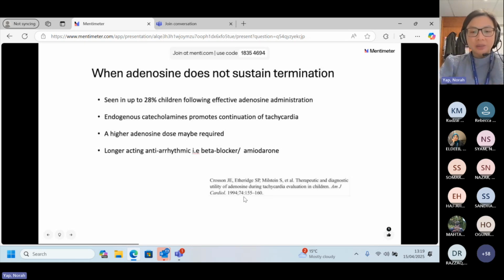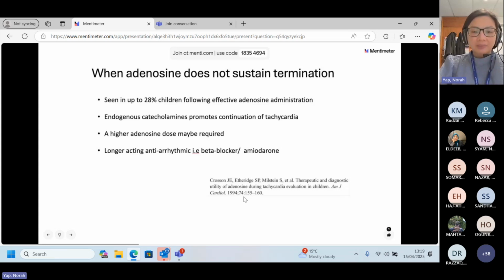And if it still doesn't work, you've gone up to the maximum dose, like in a 2 weeks old. Anybody less than a month old, the maximum dose will be 300 microgram per kilo per dose. So not the cumulative dose, but actually the individual dose.